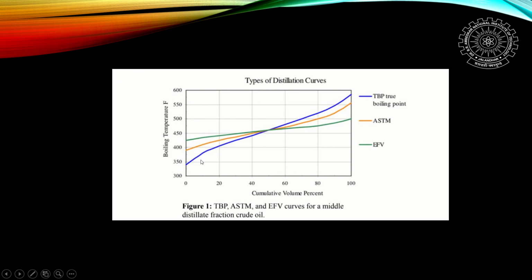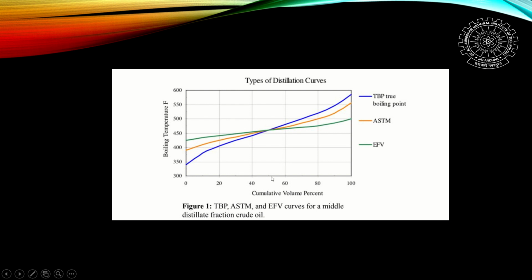Now similarly we'll note down the temperature. We'll move on by doing distillation, and we'll again note the temperature at 50% evaporation, somewhere like at this point. When 50% of the mixture has been evaporated, the temperature will be around 460 or 470 degrees Fahrenheit.